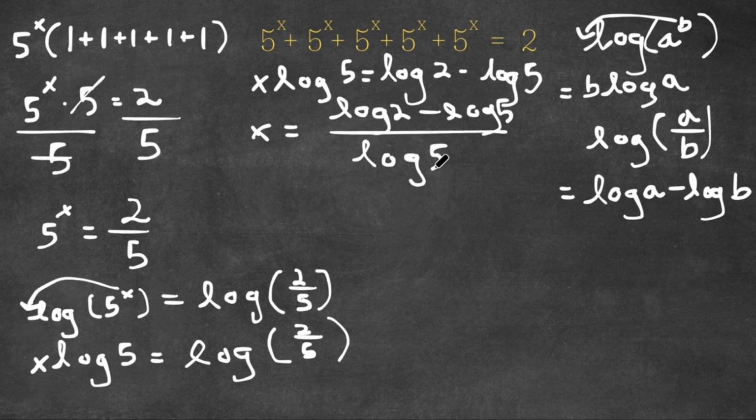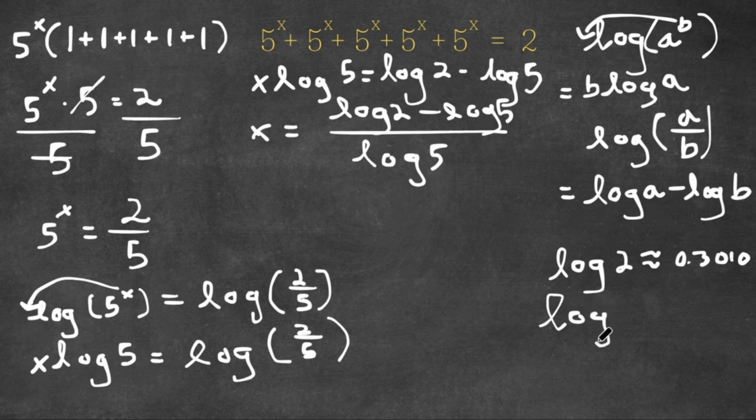Now, the value of log 2 is approximately equal to 0.3010, and log 5 is approximately 0.6990.